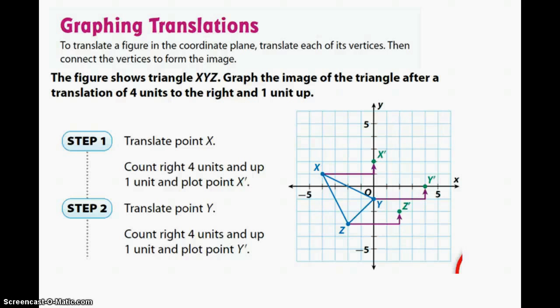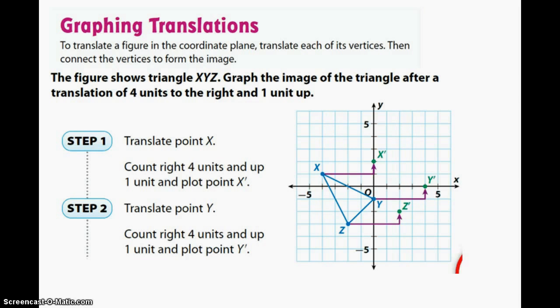Example 1 is what we want to take a look at in this particular video. So the author says to translate a figure in the coordinate plane, you translate each of its vertices, then connect the vertices to form the particular image.